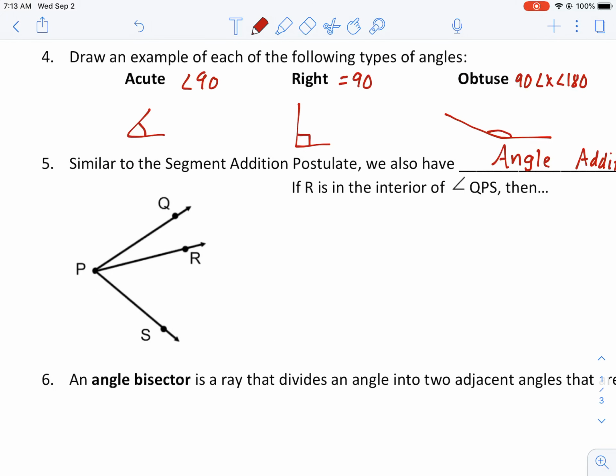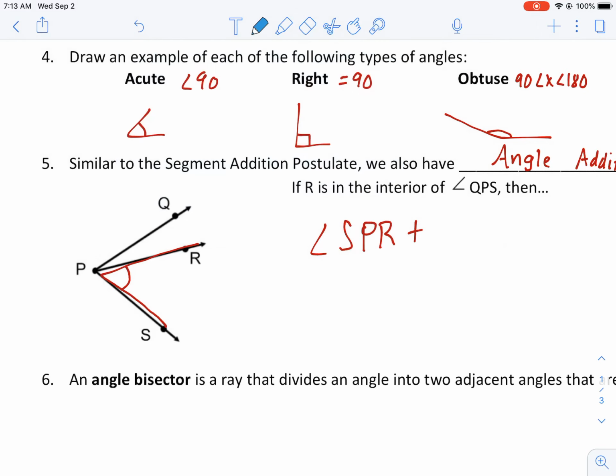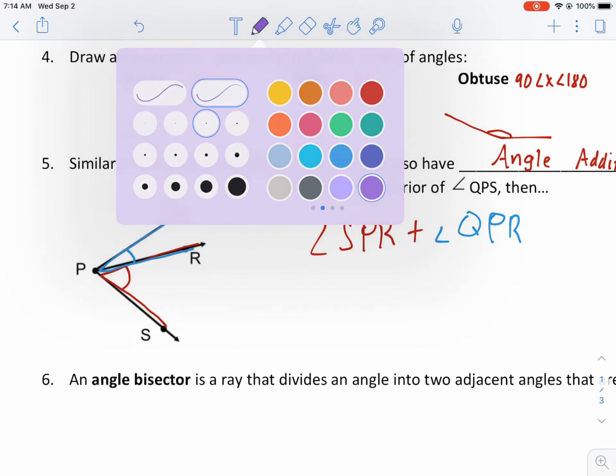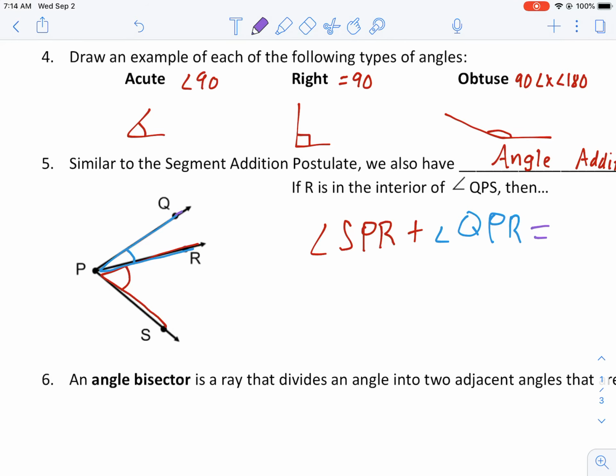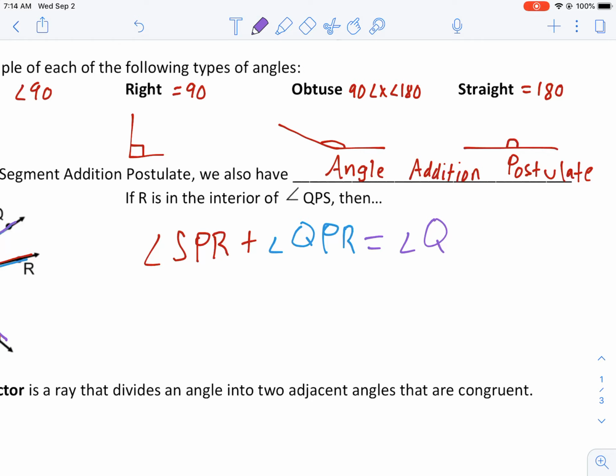So if R is in the interior of QPS, all right, angle SPR, so that's the first angle, plus angle QPR, that's the second of our 2 half angles, okay? Those are equal to QPS, all right, which is the whole angle.